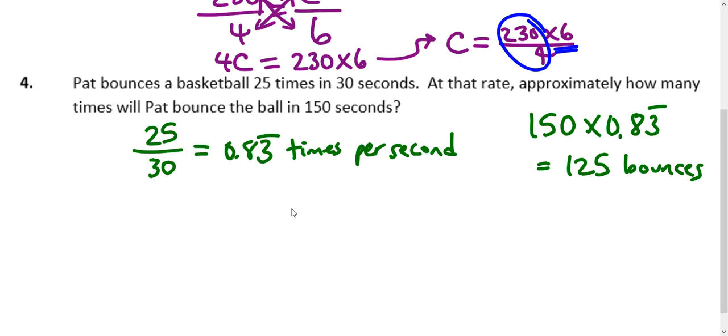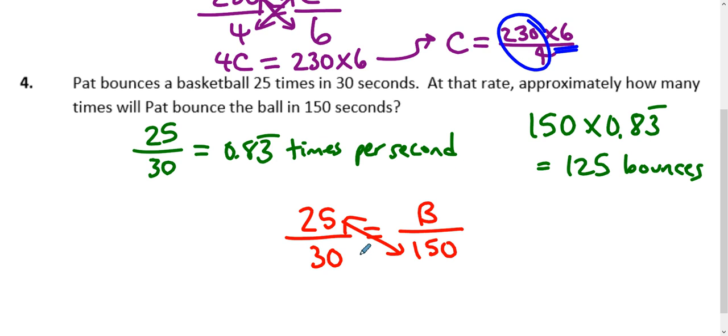So some of you are going to say 25 bounces in 30 seconds, number of bounces in 150 seconds, and you're going to solve a proportion by cross multiplying, and that's fine. I would even encourage you to say, if we scale up here by a factor of 5, we have to scale up here by a factor of 5.